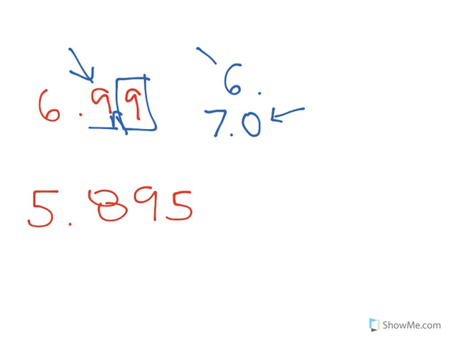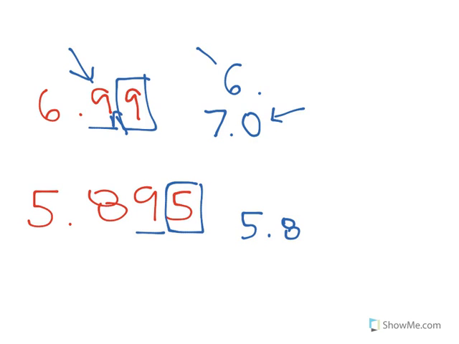If I ask to round this one here to the hundredths place, same sort of idea. It's going to be 5.8, and now I'm going to look at that 9. Is this number going to move it up to a 10, or is it going to keep it as a 9?